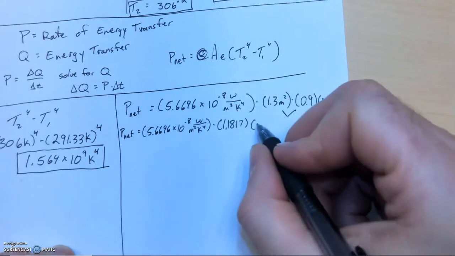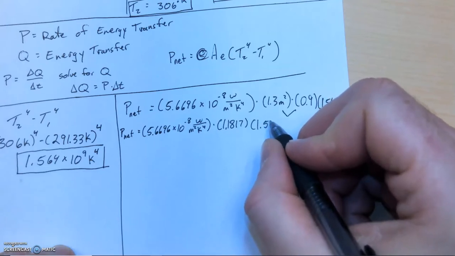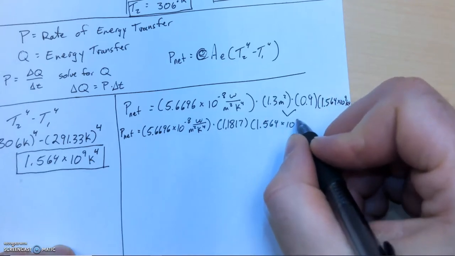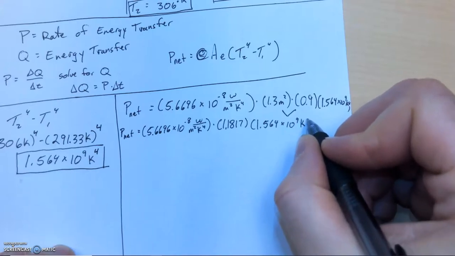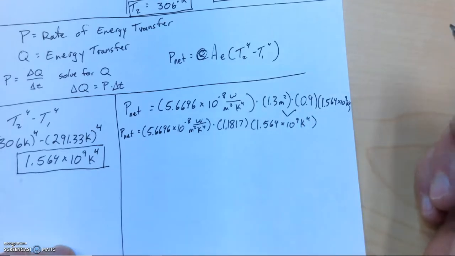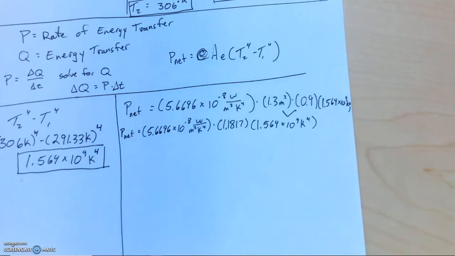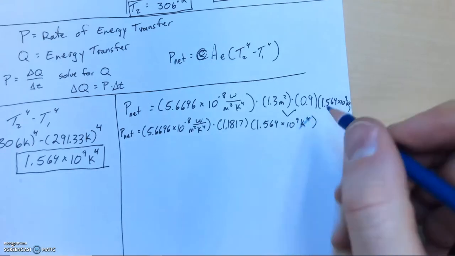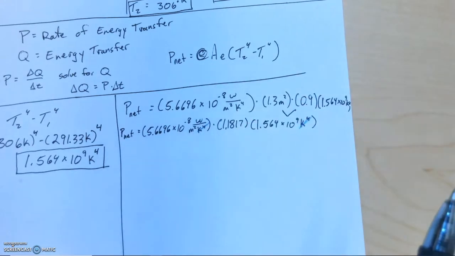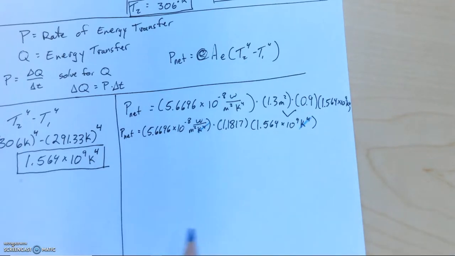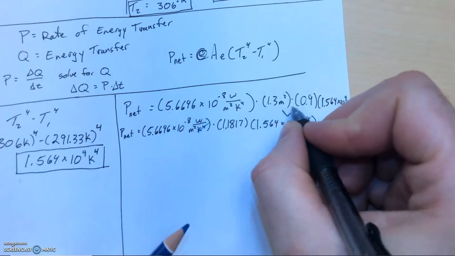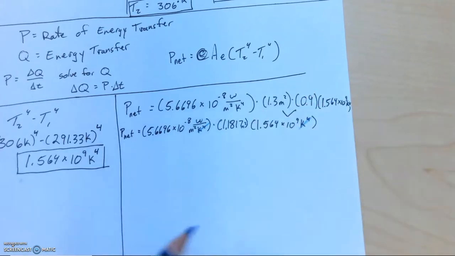And then we have the number over here, which is our temperature, 1.564 times 10 to the 9th Kelvin to the fourth. Now we got a little more room. Multiply out this formula and do some crossing out. If you notice, we got Kelvin to the fourth, you can cross that out. We also have meters squared there and there, so that gets crossed out. And that's going to leave us with our watts.